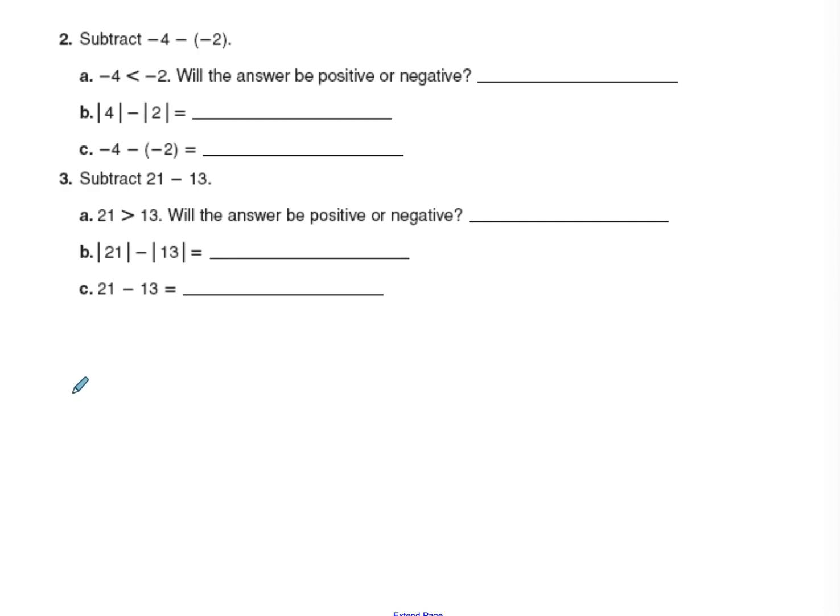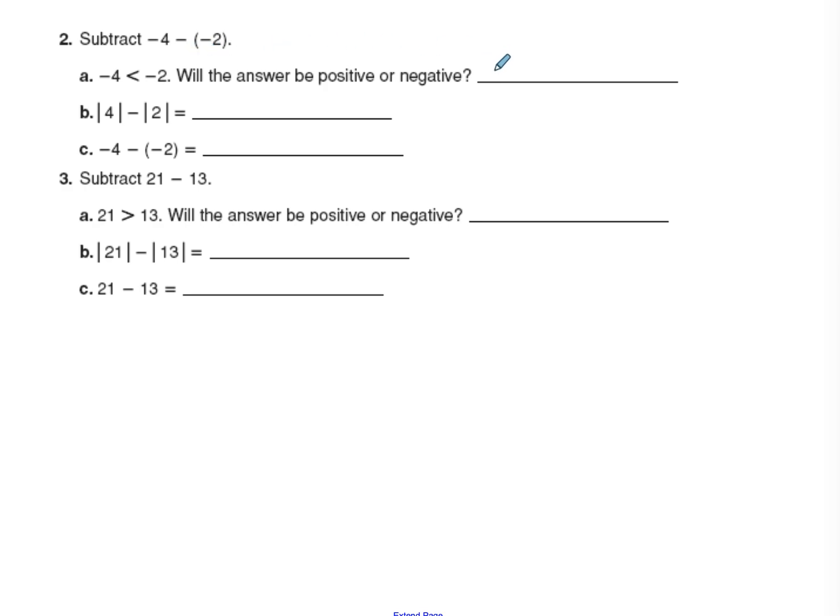All right, let's take a look at these ones. So subtract -4 minus -2. If you think back to the integer chips, I have 4 negatives. I have 2 negatives to take away. I have enough to take away. -4 is less than -2. I have more negatives there, so it's farther from 0. It's a lower value.